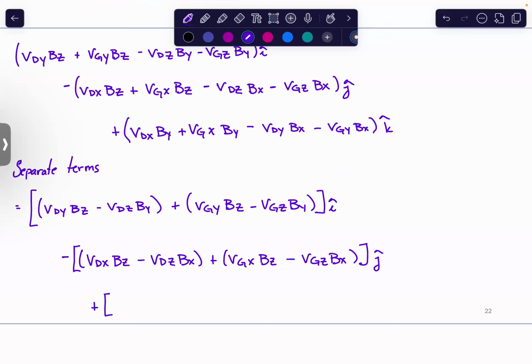See, I just multiplied in the magnetic field terms and then moved them around to have plus, plus, minus, minus.